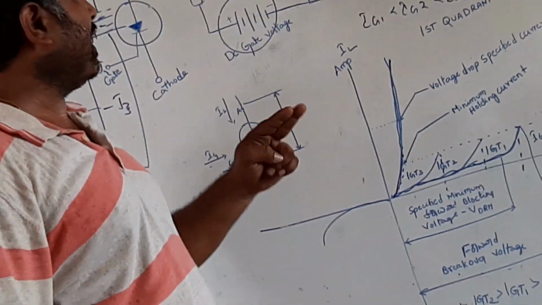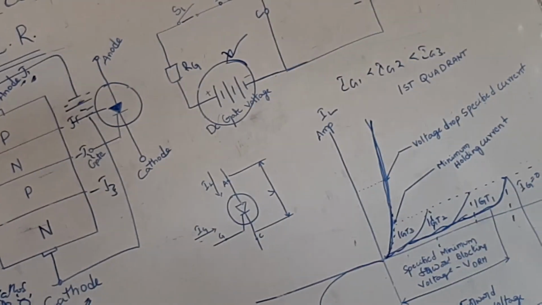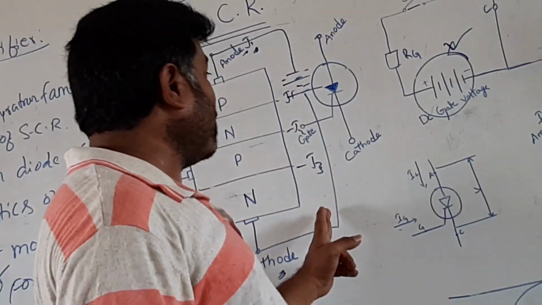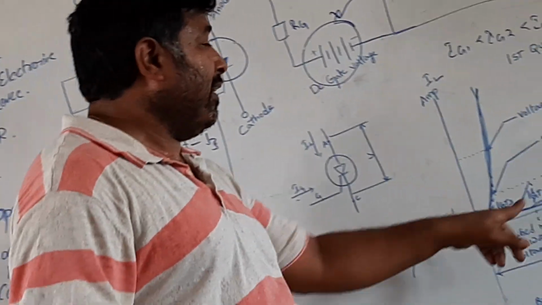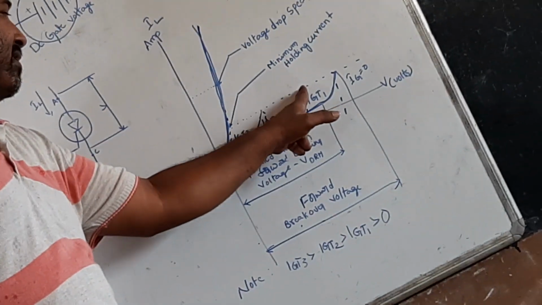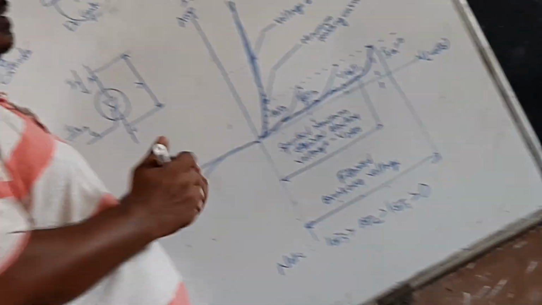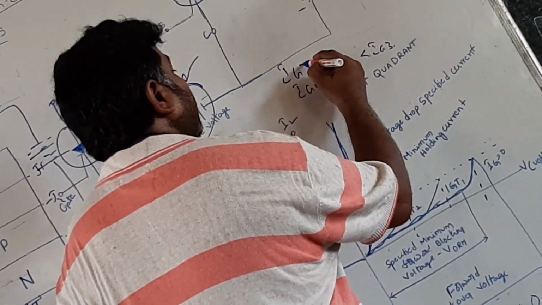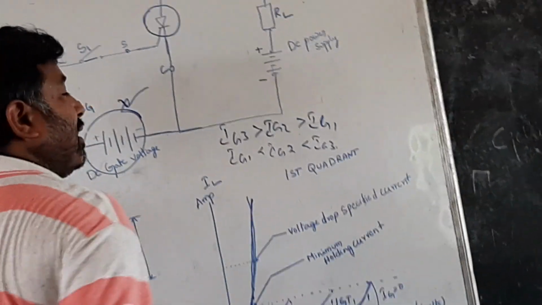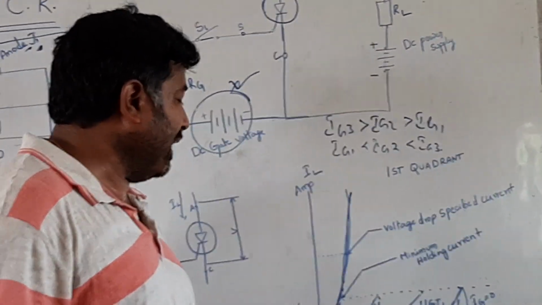In the second case, we are applying a gate voltage, that is, forward conduction mode. On the application of a gate voltage, the forward breakover voltage starts decreasing like this, and by increasing the gate voltage some more it decreases further, and some more again. Ig3 is greater than Ig2, which is greater than Ig1: gate current at point 1, point 2, and point 3.